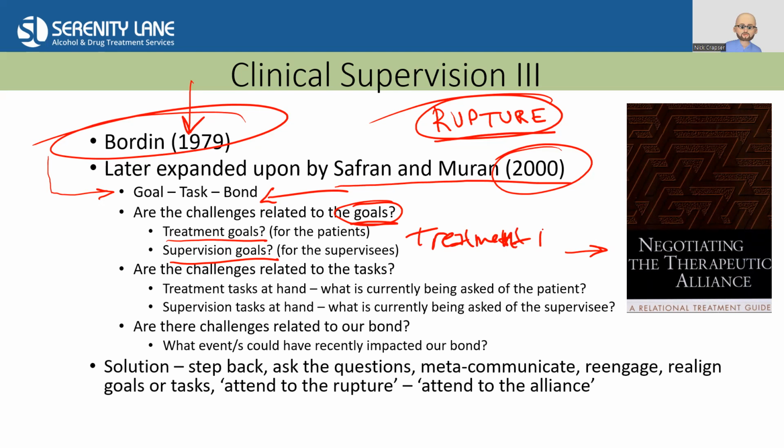Excuse my spelling, treatment plan or supervision goal. So what's the supervision goal? Which is different than what the task is. This is the task at hand. So this is where those words that we talked about earlier come in. These are the distal, and these are the proximal.